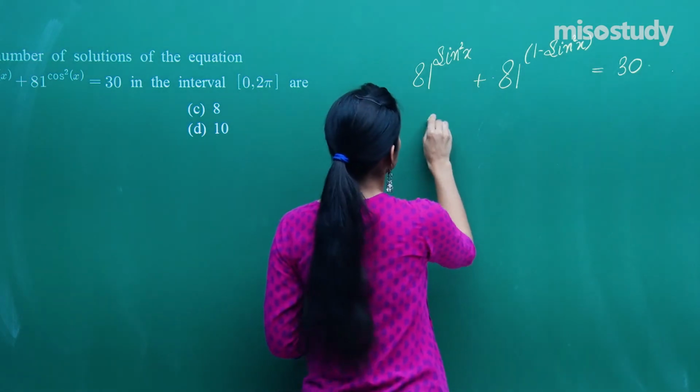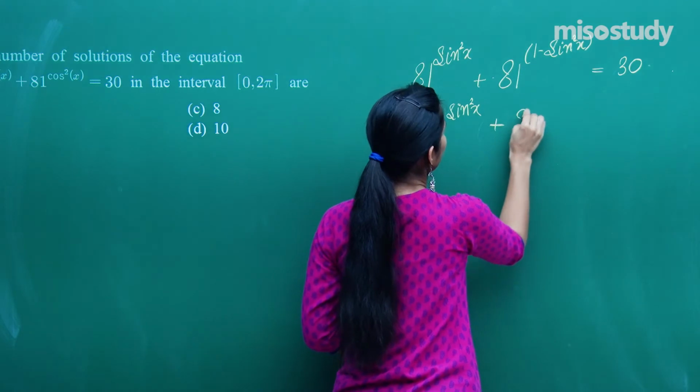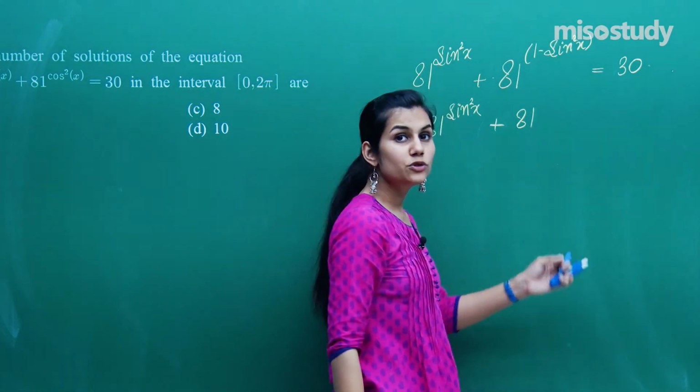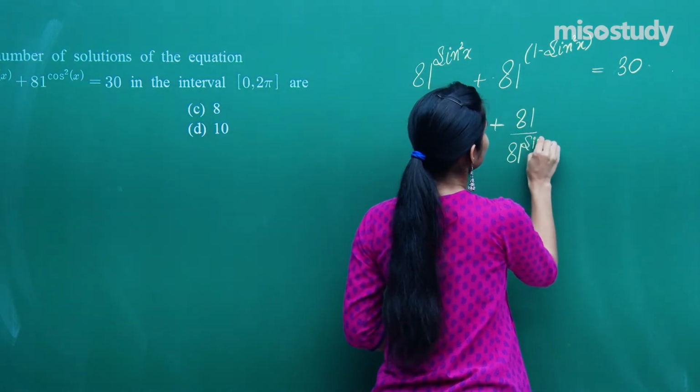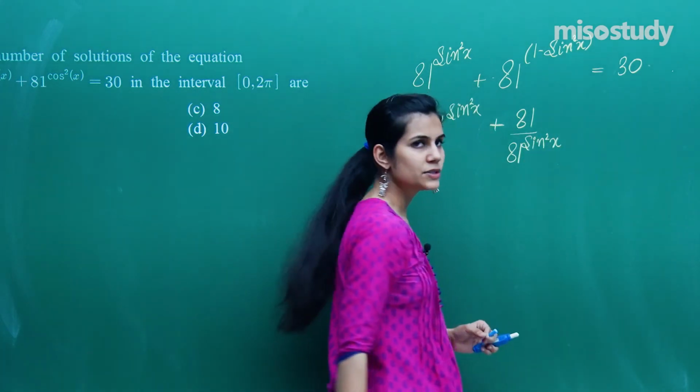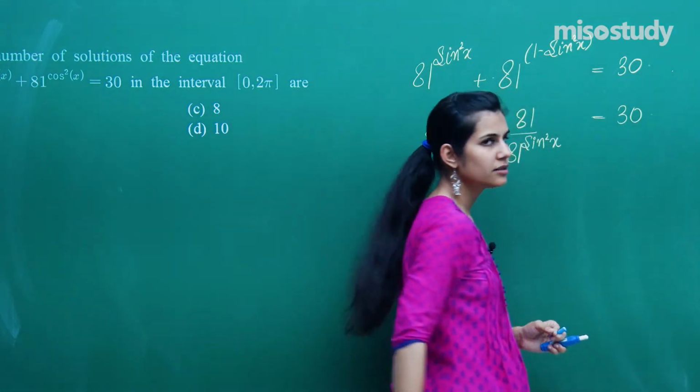Fine. So this becomes 81 sine square x plus 81 into 81 to the power minus sine square x, which is 81 to the power sine square x, which is equal to 30.